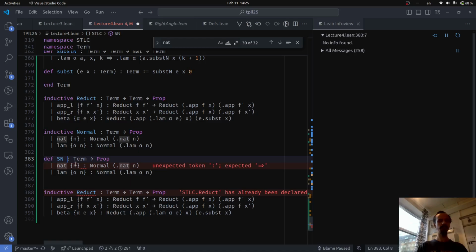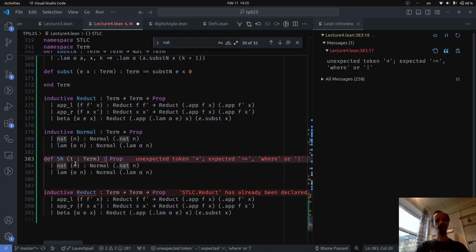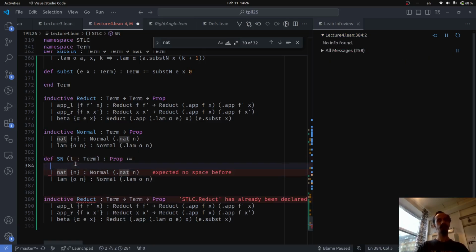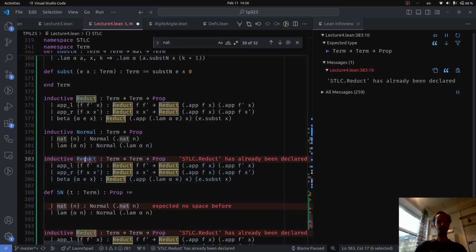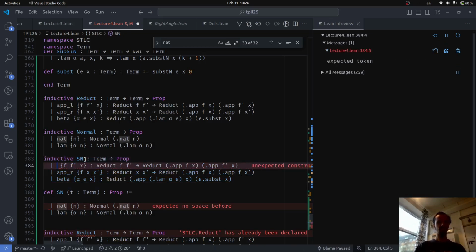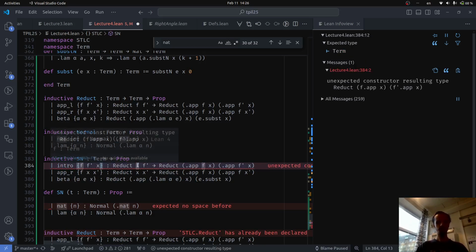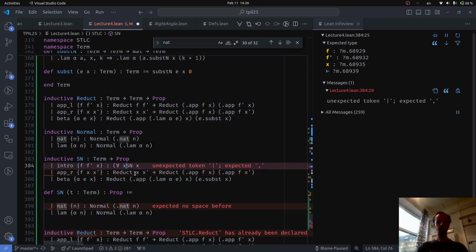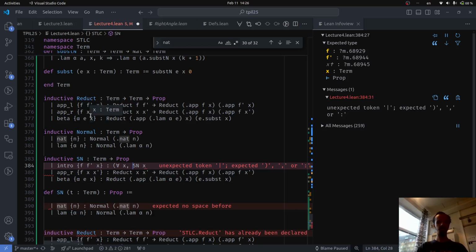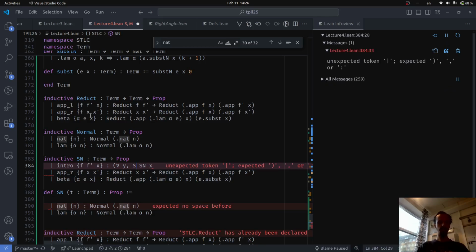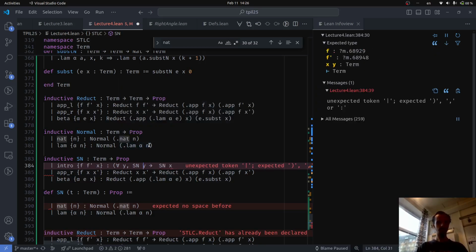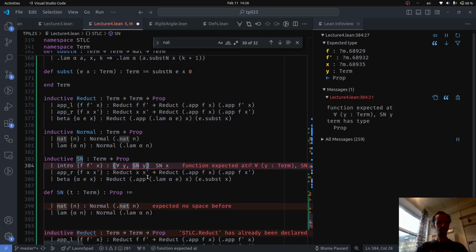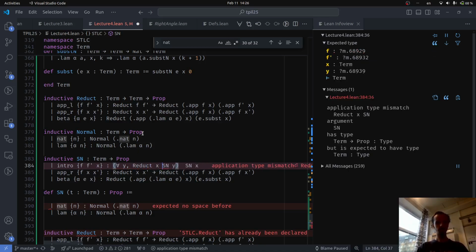And I think this one might just be a definition. So a term is going to be strongly normalizing if every term that it reduces to is strongly normalizing.